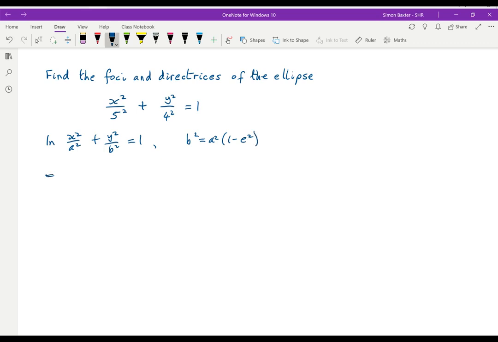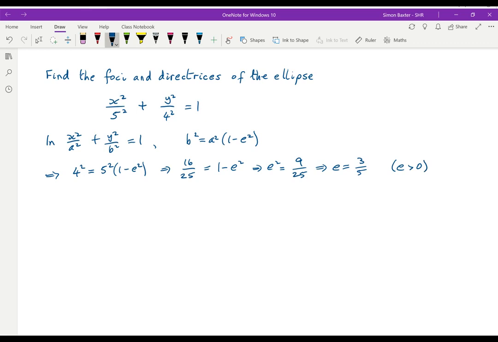In this case, b is 4, so you've got 4 squared is, a is 5, 5 squared times 1 minus e squared, which gives you 16 over 25 is 1 minus e squared. And that gives you that e squared is 9/25, and so e is 3/5. e, the eccentricity, is the ratio of lengths, and so e must always be a positive number.